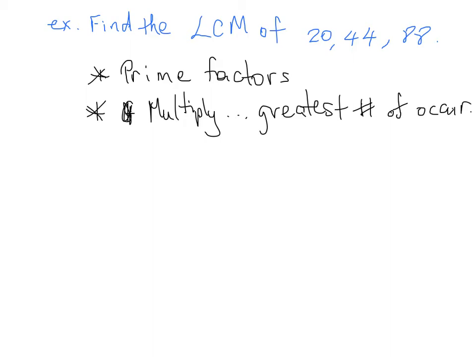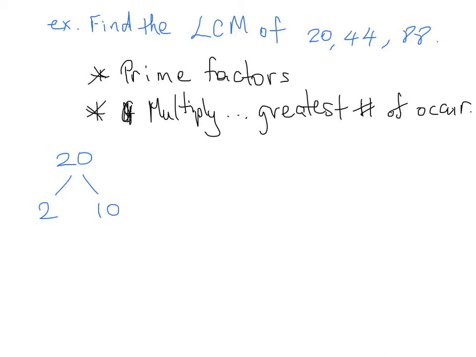All right, how to find the prime factors. Let's start off with 20. In order to find the prime factors of a number, we can use something called a factor tree. So we think about what's the lowest factor of 20 other than 1, and that is 2. What multiplies by 2 to get 20? That would be 10.